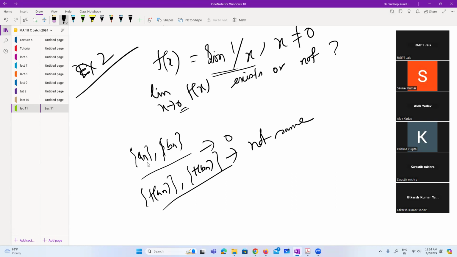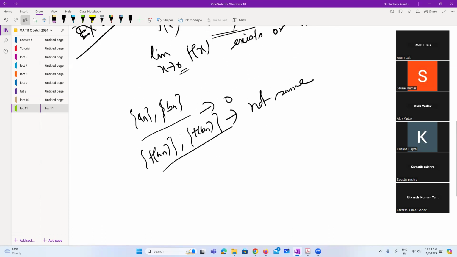You know the answer, just try. You know all the various values of sine. Suppose an equals 1 by n pi, okay?